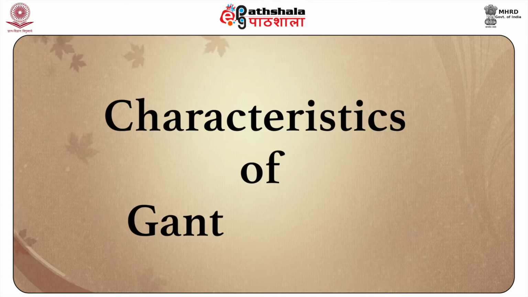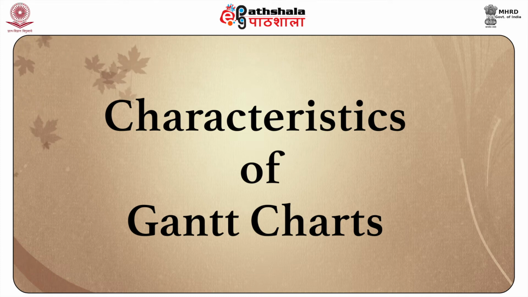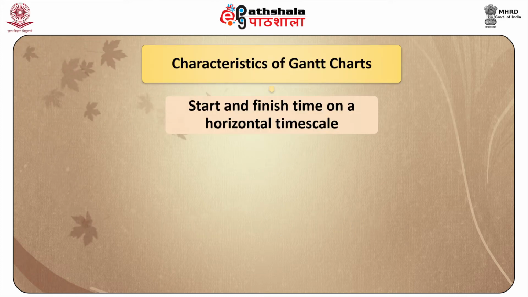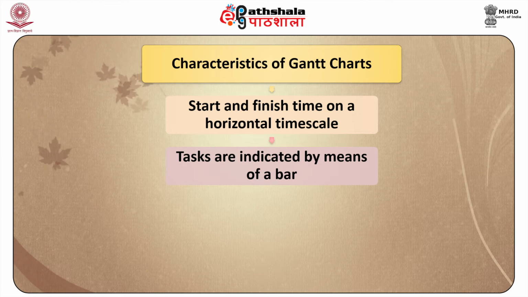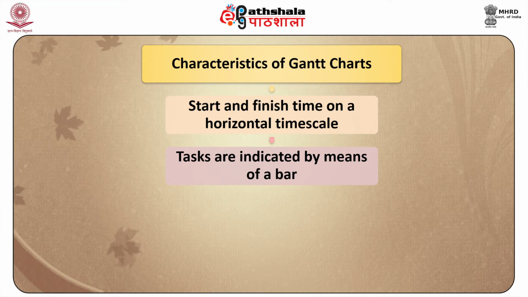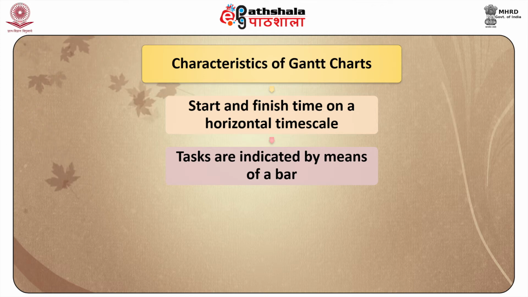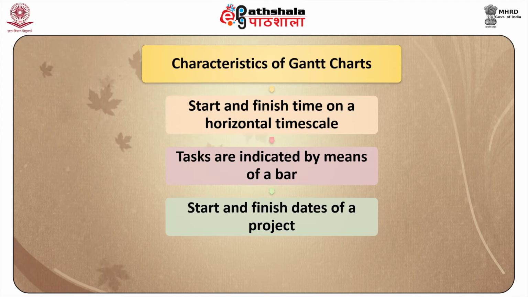Let us discuss briefly the characteristics of Gantt charts. Gantt charts specify the start and finish time for various tasks on a horizontal timescale. Tasks are indicated by means of a bar, preferably at equidistance on the vertical axis, and time is plotted on the horizontal axis. A Gantt chart illustrates the start and finish dates of the terminal elements and summary elements of a project.